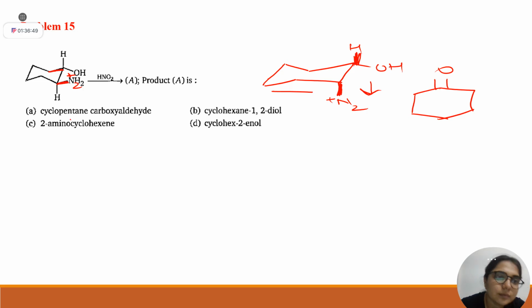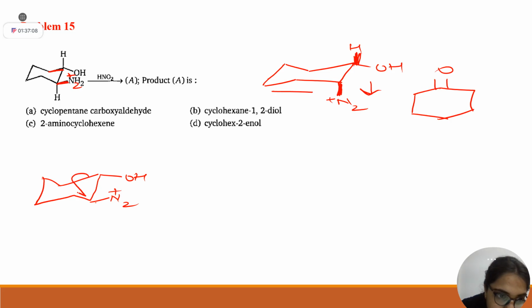See? So what do you have to do in this? OH, N2 positive, right? If this group migrates, how do you have to show it? Like this.